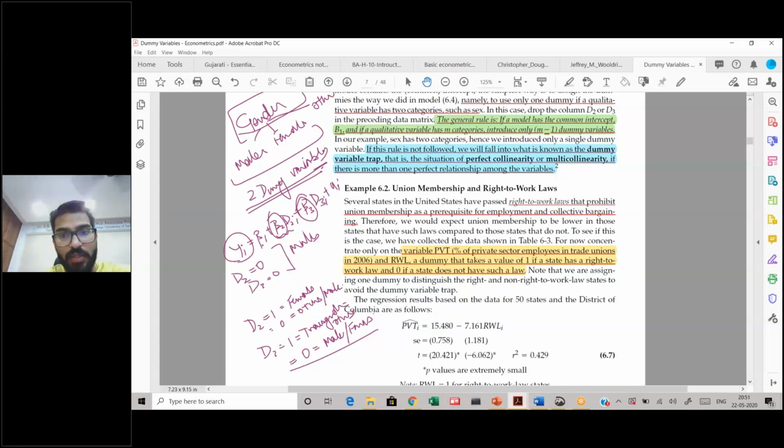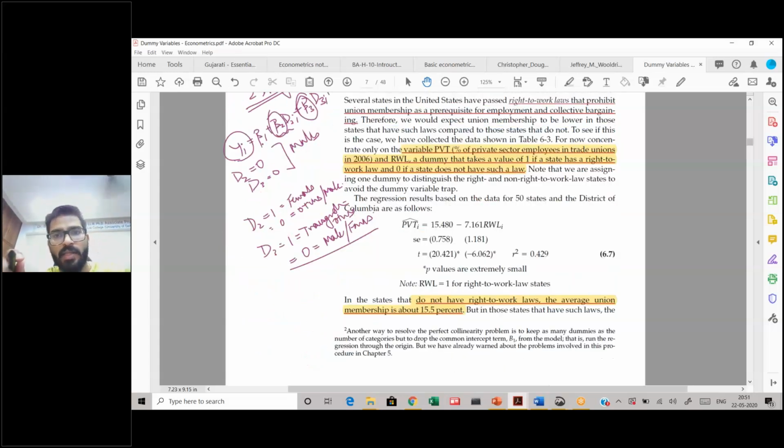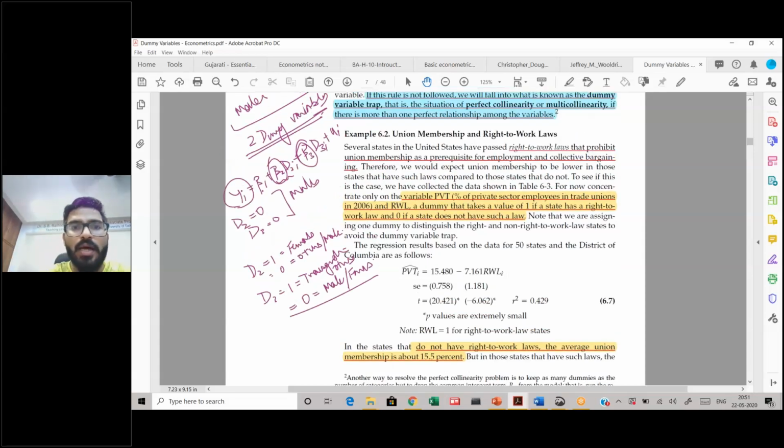Now, this is another example. In this example, we've seen the union membership. So what is the union membership? What percentage of private sector employees are part of the trade unions? We are regressing this on different states, and we have divided states into two categories: states which have right to work laws, and states which have no labor laws.